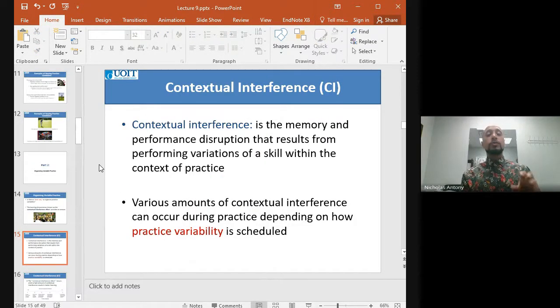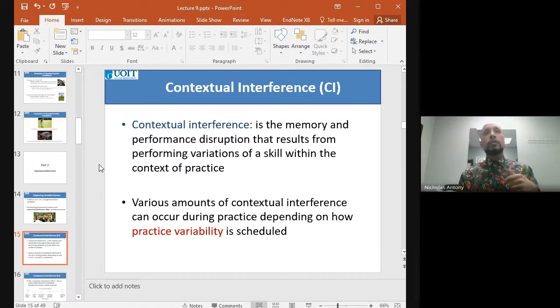Contextual interference is defined as basically the memory interruption that occurs with practicing variations of the same skill. So you have to basically reload the motor program. It's causing more problem solving, more drawing everything from your memory.